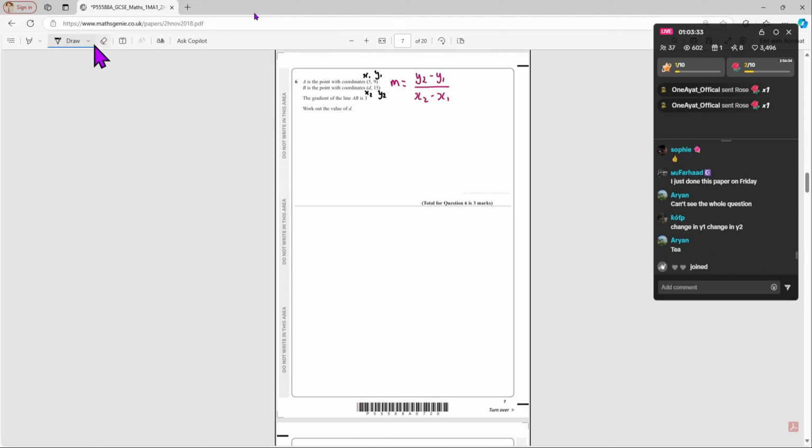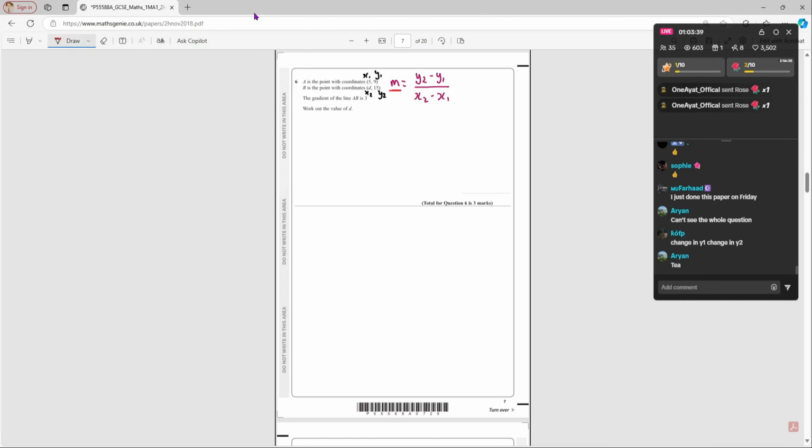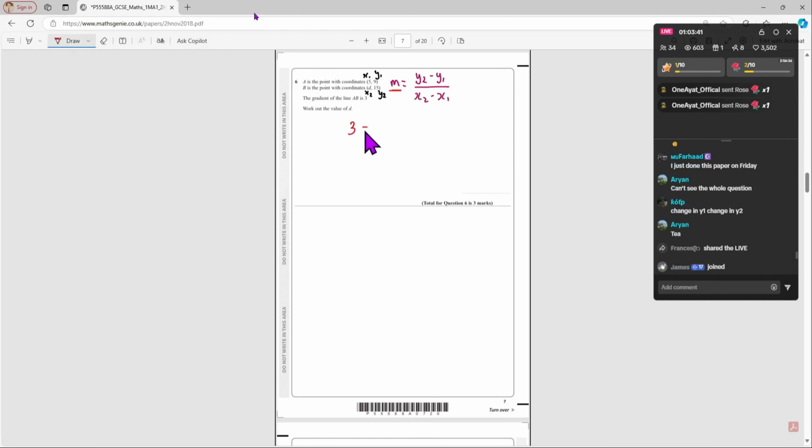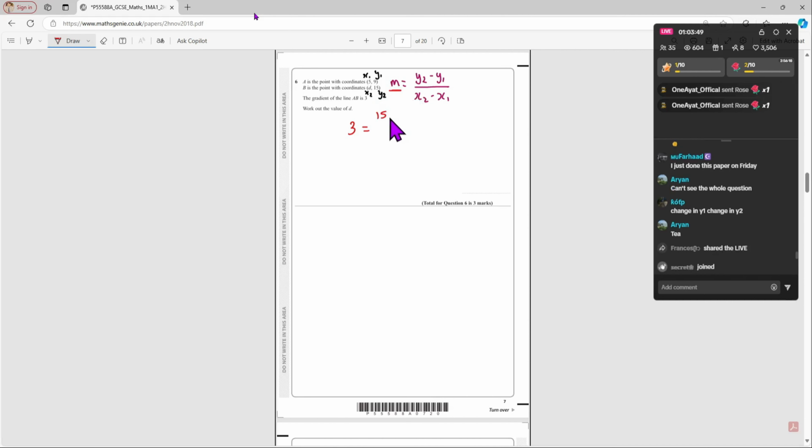Now we substitute it into our formula. Our gradient is equal to 3. So 3 is equal to y2, which is 15, minus y1, which is 9, over x2, which is d, minus 5.